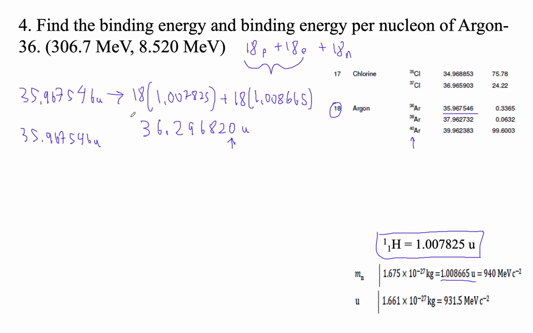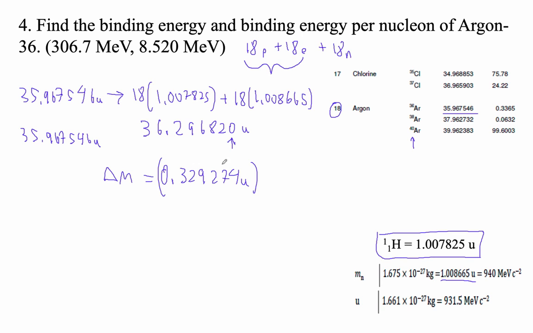Okay, so I'm just going to subtract those, right? I'm going to go minus this guy because I don't like negative numbers. So this minus this, right? 967,546. The difference in mass is 0.329274, right?